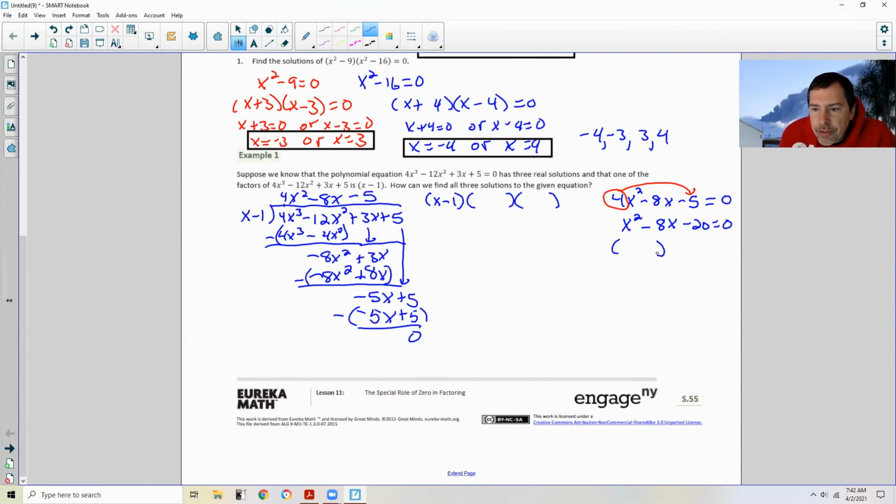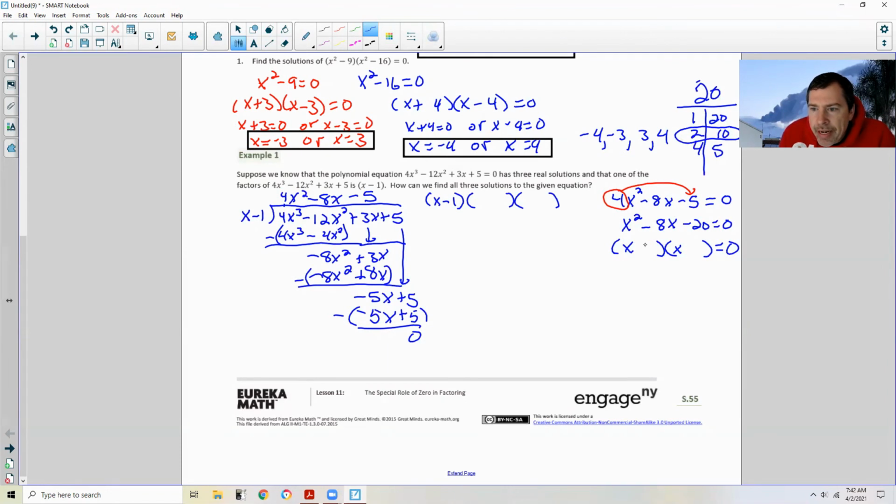Now I'm going to factor this like a regular polynomial with a leading coefficient of 1. I know I'm going to get x here, and I know I'm going to get x here, and I'm looking for factors of 20 that differ by 8. So factors of 20 are 1 times 20, 2 times 10, and 4 times 5. Well, 10 and 2 are going to give me an 8.